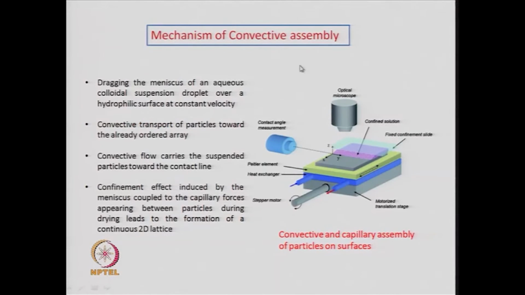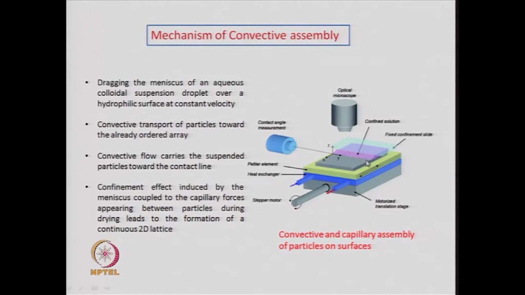Now, the mechanism of convective assembly is simple: you are basically dragging a liquid layer along this plane. You have a surface, and on the surface this film is forming, and this is the contact line where the solution is confined.